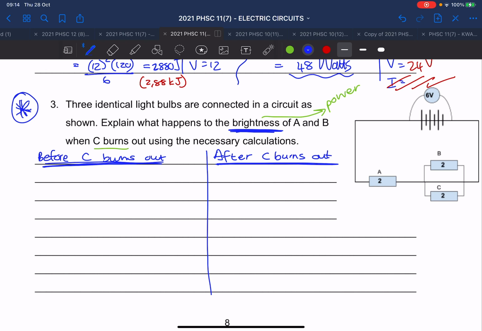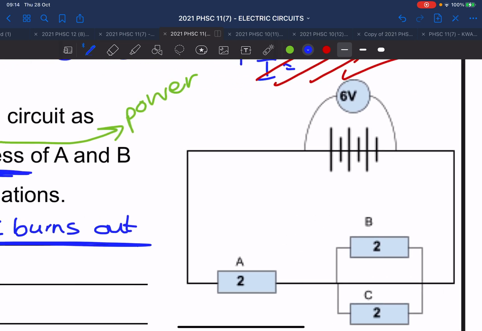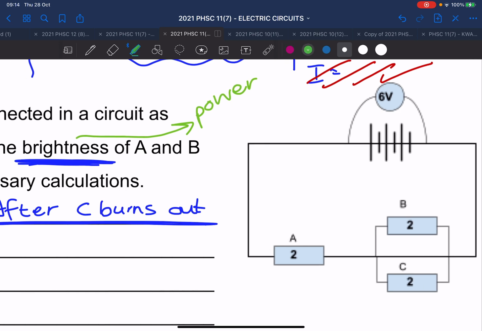If we look at the circuit here, take my highlighters, then I see the total current passes through A. The total current passes through A. And then the current splits up to B and C. Now there's a mistake there. That line should not be there. And then it goes back.